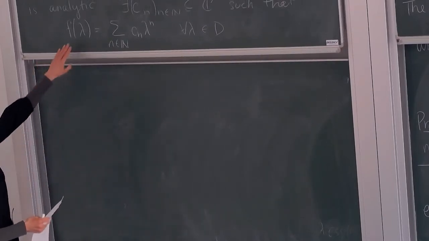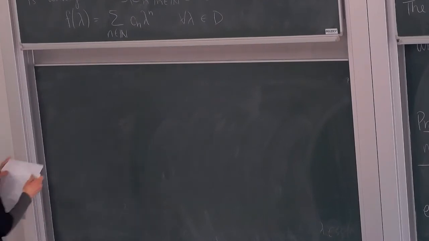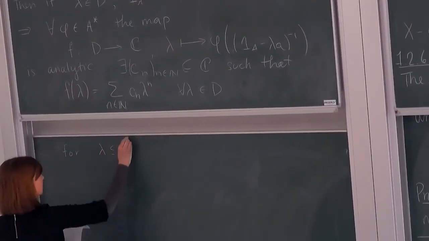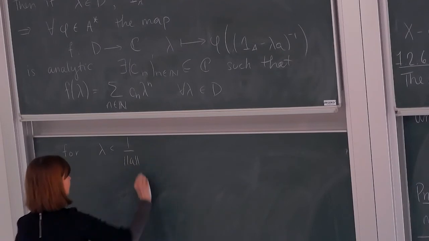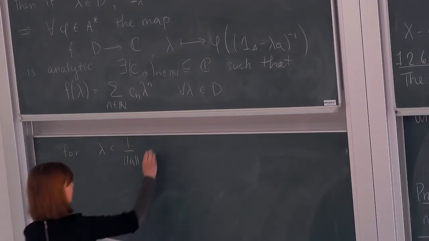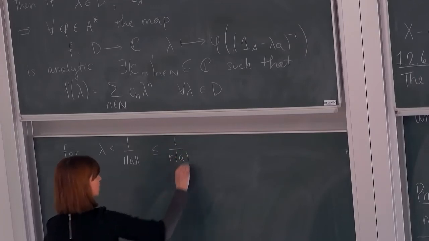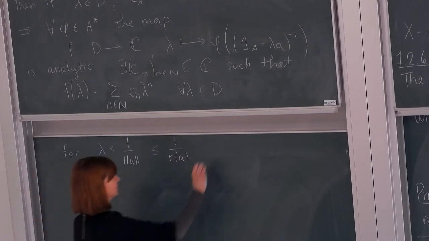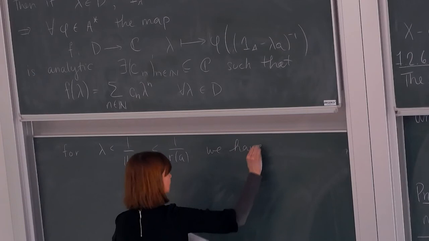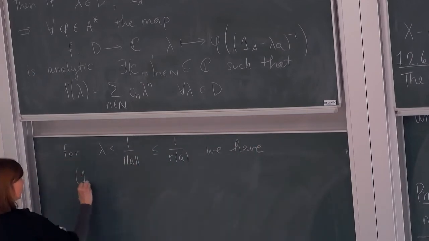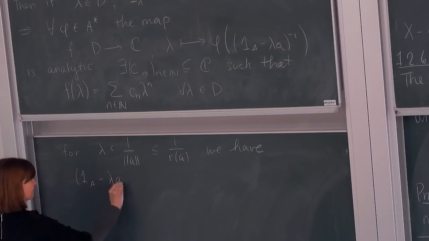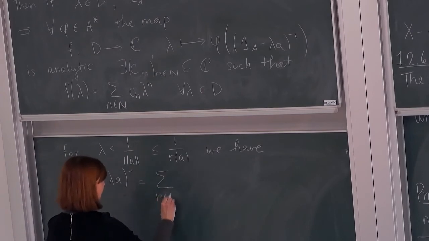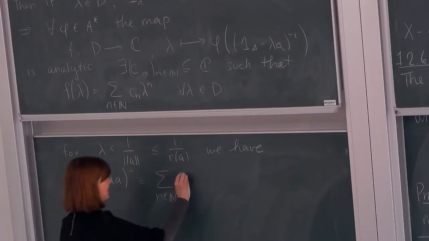Okay, so we have established this, and we know that for lambda smaller than 1 over the norm of A, which is smaller than the spectral radius here, we have the ever useful identity: this is the sum over n of lambda^n A^n.